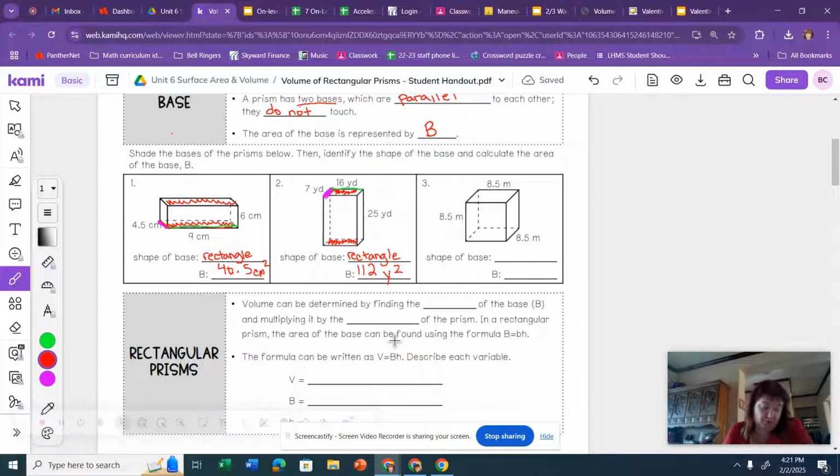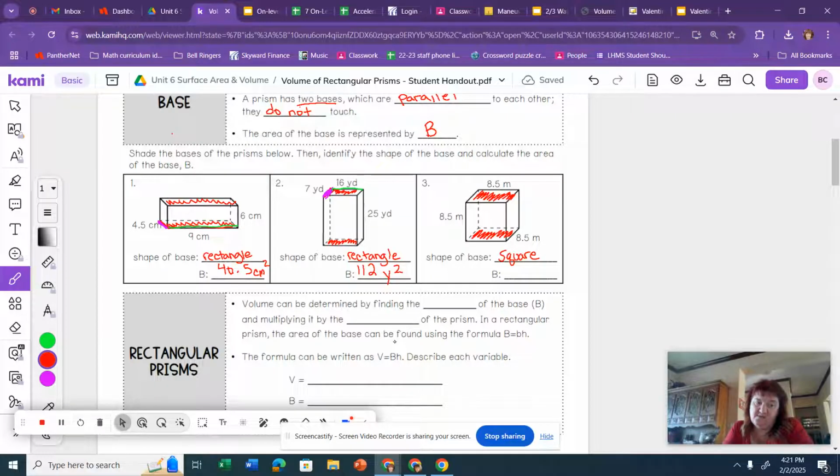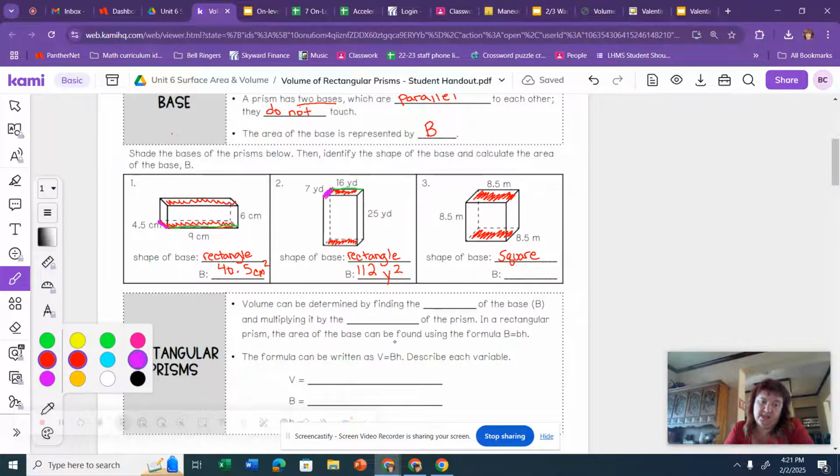And this is a cube. This is actually a square. The base is a square. Here's the base. And here's the base. Two bases. This is an 8.5 by 8.5.